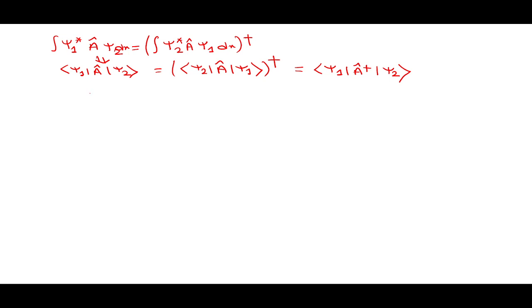I will write it then. Basically we are saying that we can write it in integral form as psi 2 star A psi 1, and that should be equal to A psi 2 star psi 1.